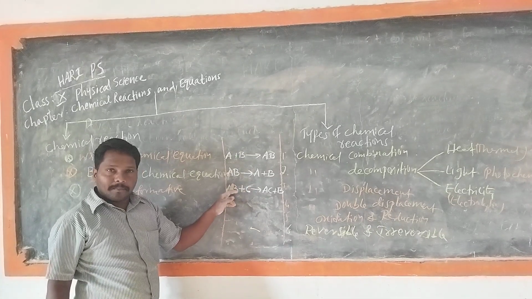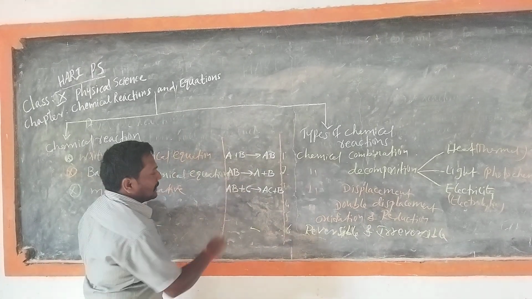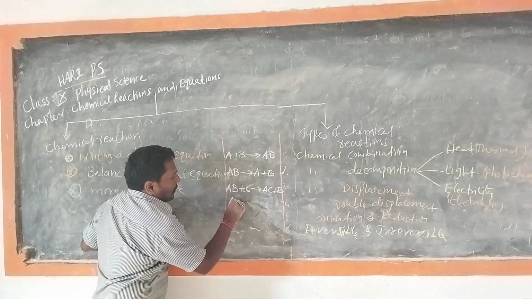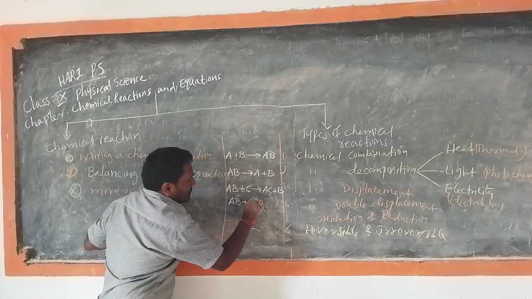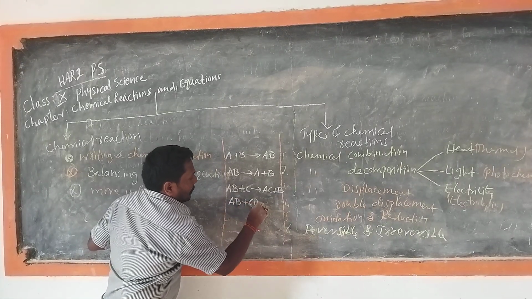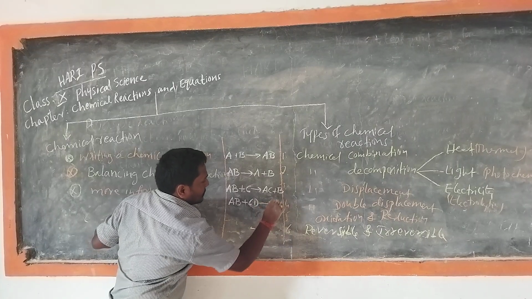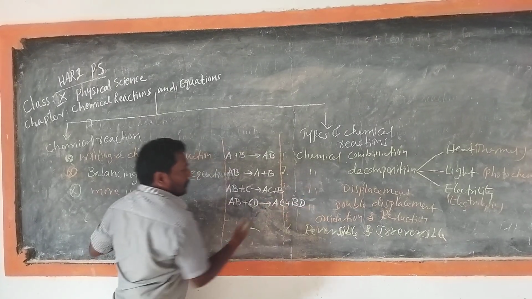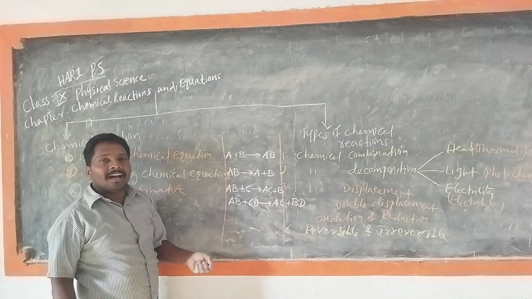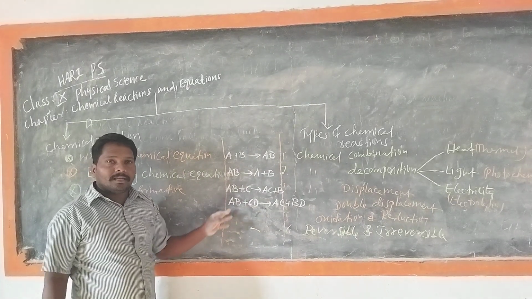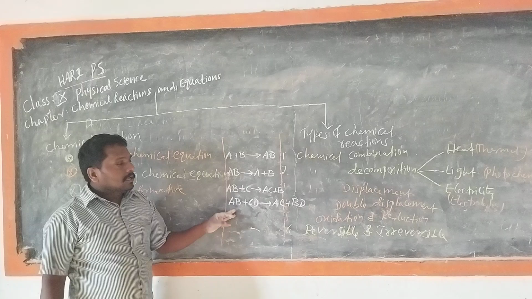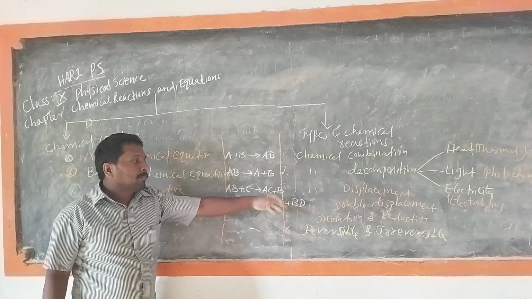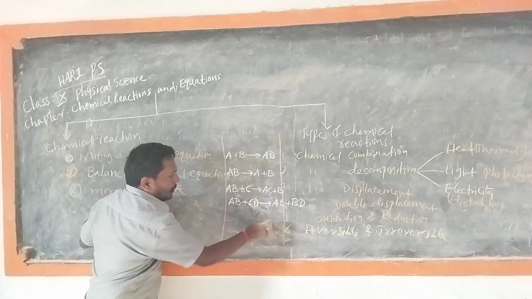C displaces the B. Then double displacement, AB plus CD gives rise to AC plus BD. By exchanging their constituent ions, the reaction takes place: double displacement.